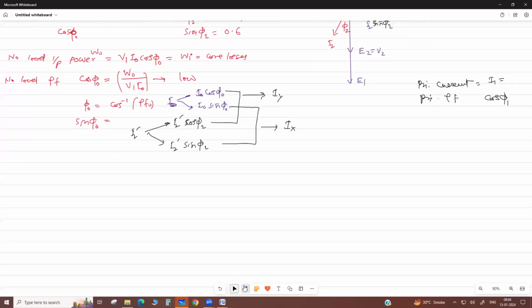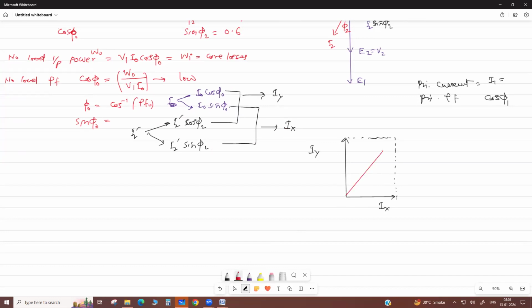So here I will again draw. Now suppose these two components add here and we get IY. These two components add here and we get IX. Now their vector sum, okay, we get here I1.